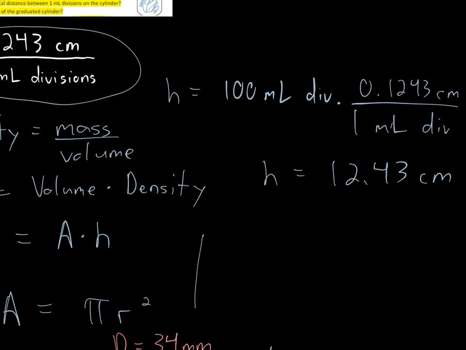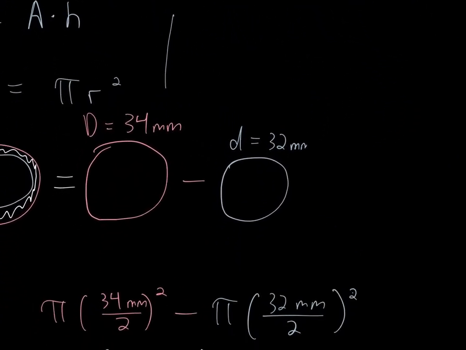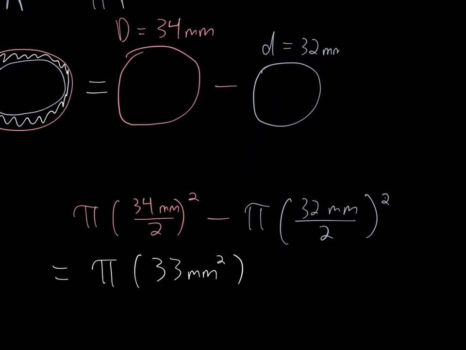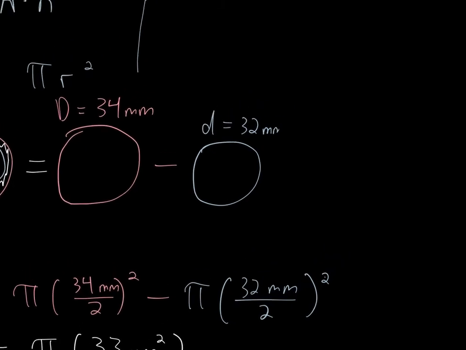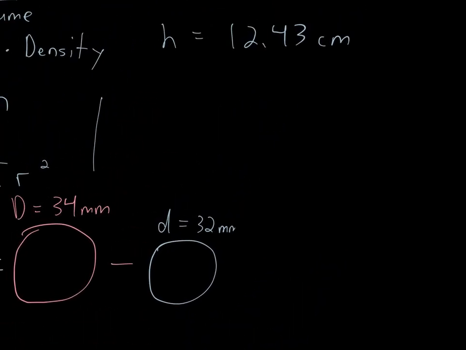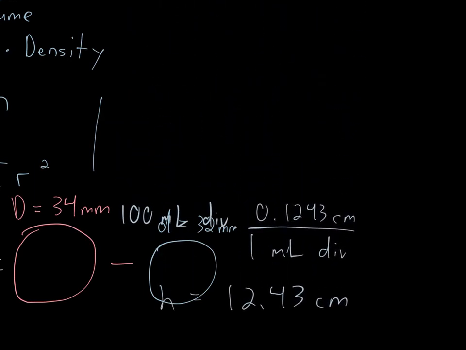Okay, so using our height now and our area, we can solve for the volume and then plug in the values. So the height equals 12.43 centimeters and the area equals pi times 33 millimeters squared. Let me drag the formula so that we can solve for it.